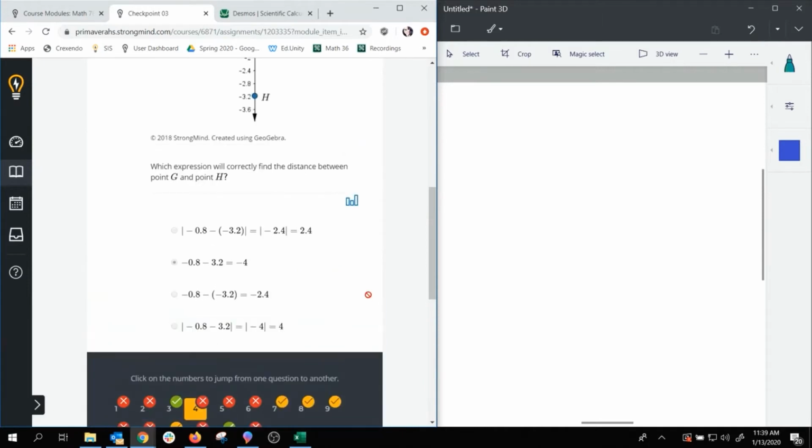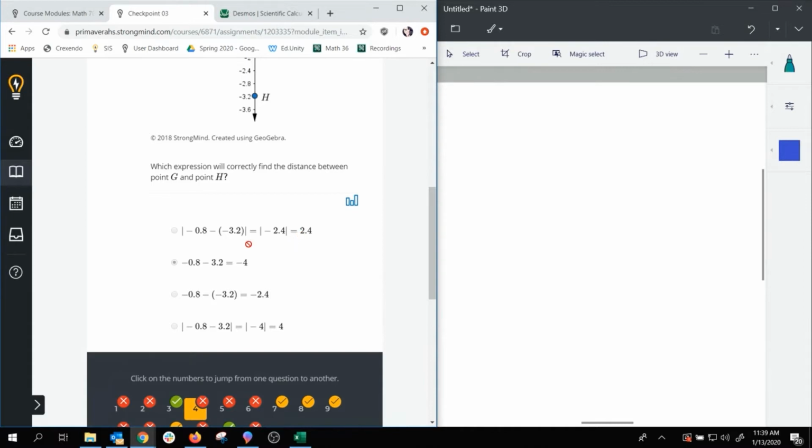So knowing that, how many answers can I automatically say are wrong because they don't have absolute value signs? The first and the second one.